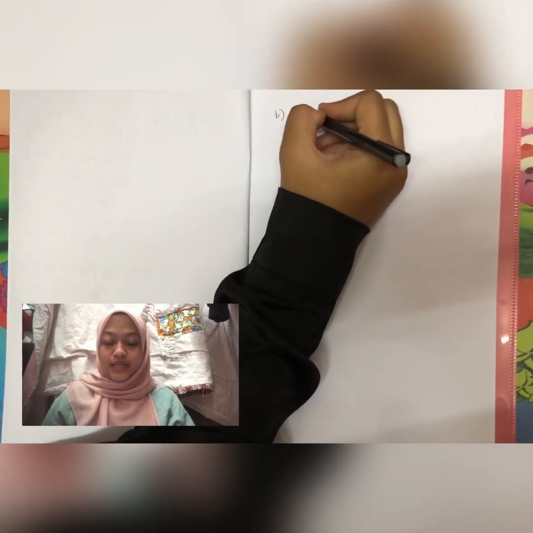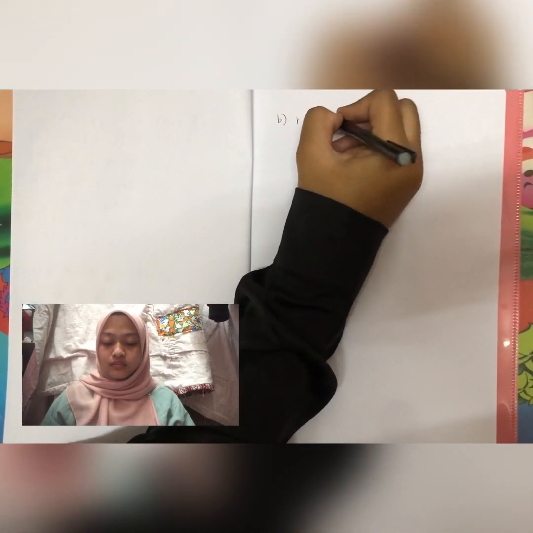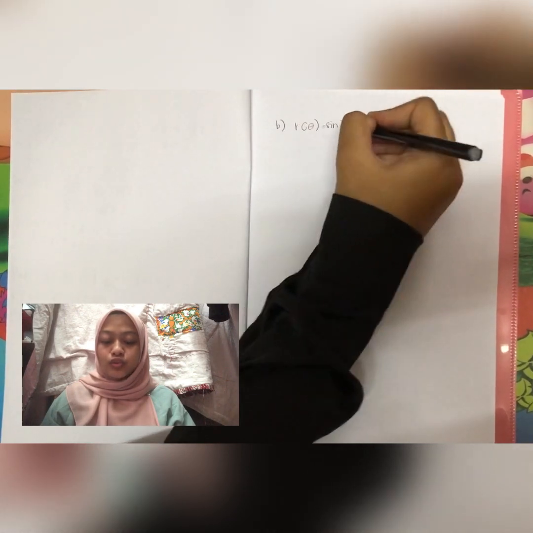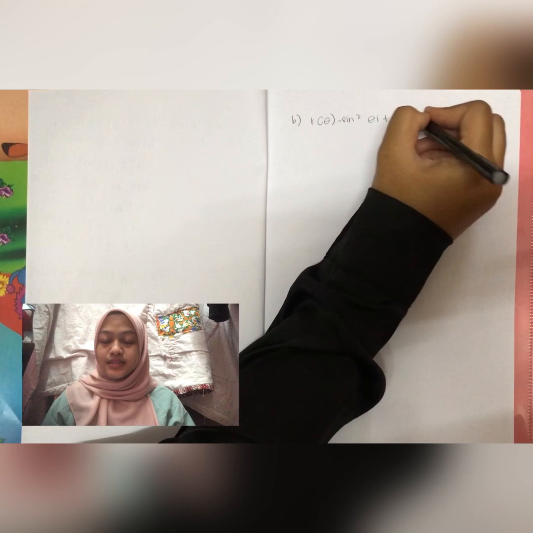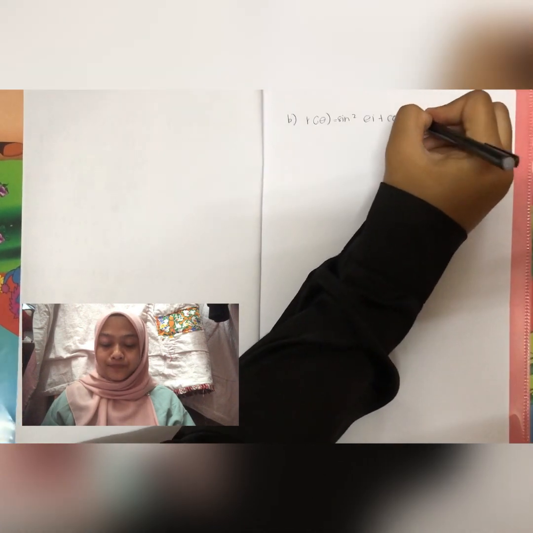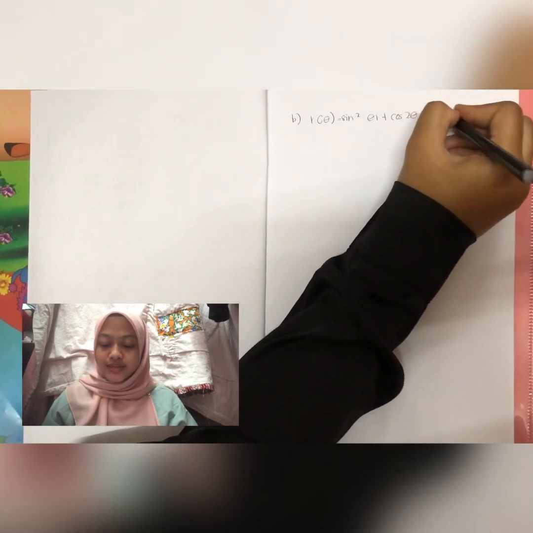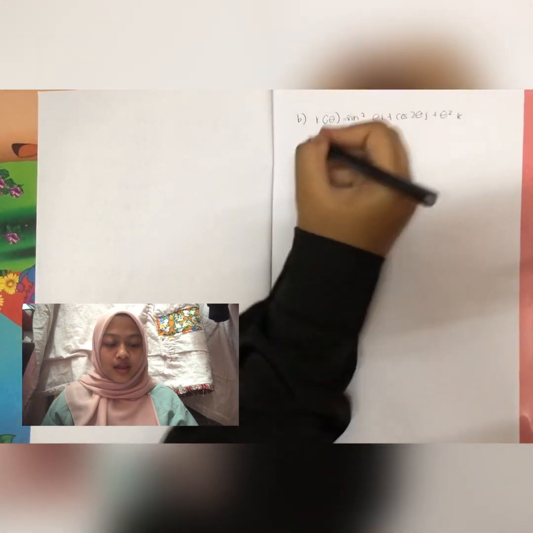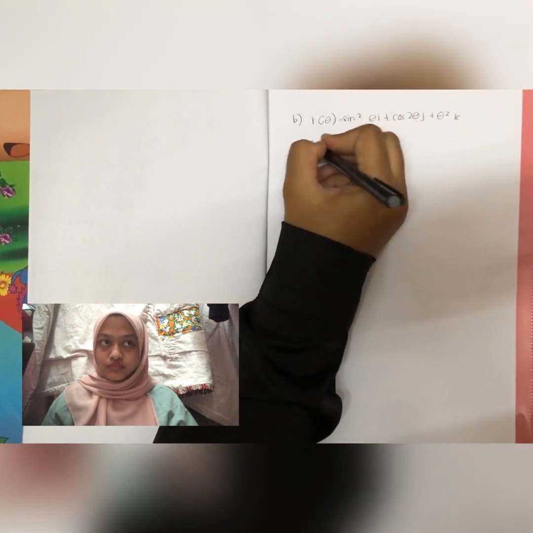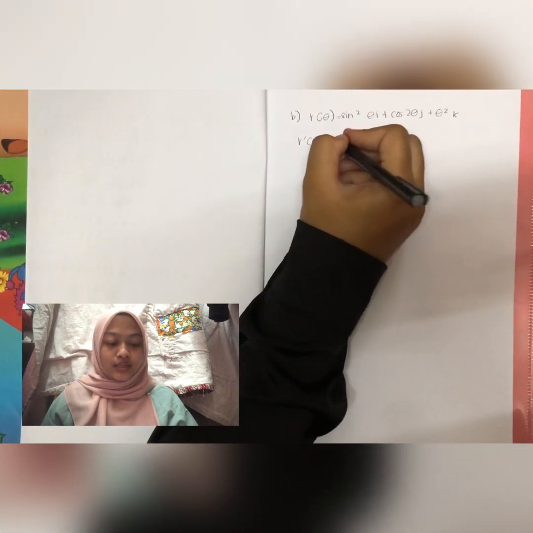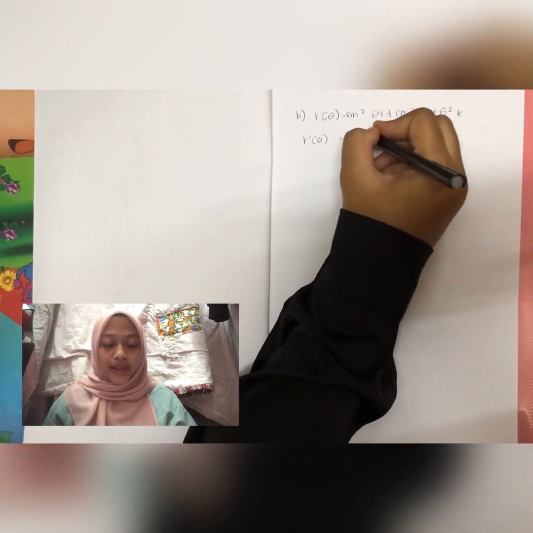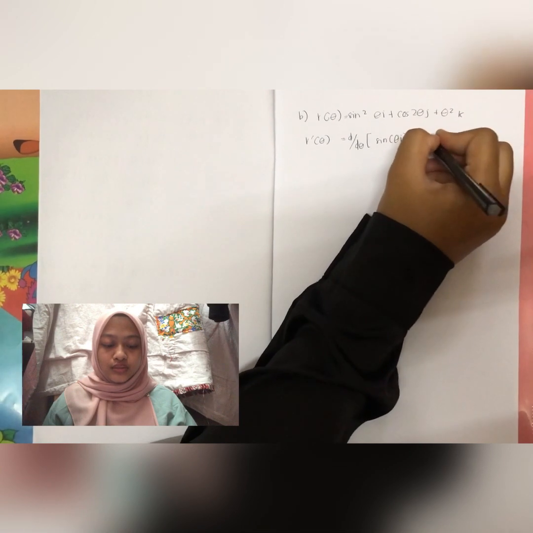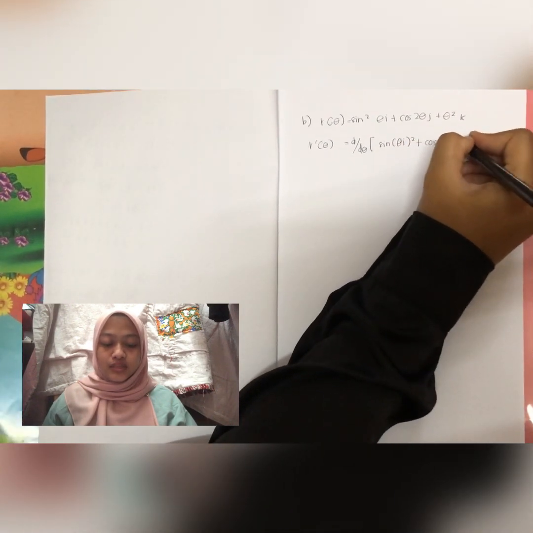Next, for question B, r(theta) equals sine squared theta i plus cos 2 theta j plus theta squared k. First, write d over d theta of (sine squared theta i plus cos 2 theta j plus theta squared k).